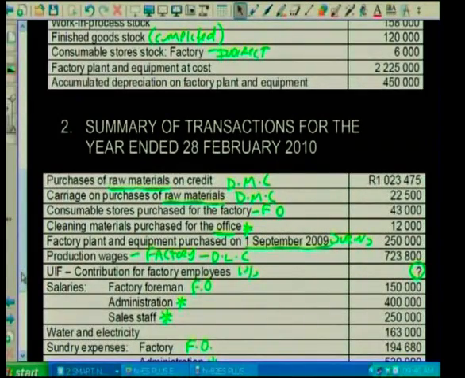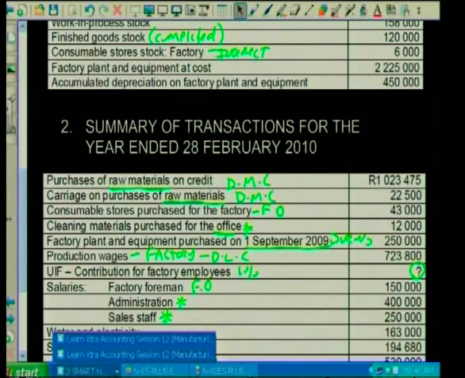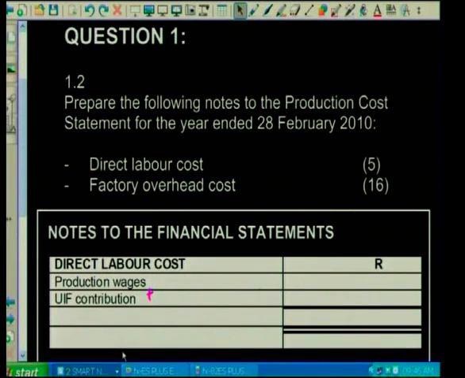So we've got production wages, an amount of 723,800. So that was our factory workers' wages in total. So let's take that through. Okay, so production wages, open brackets, you've got this amount of 723,800.